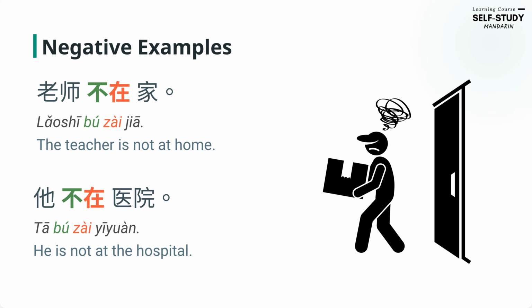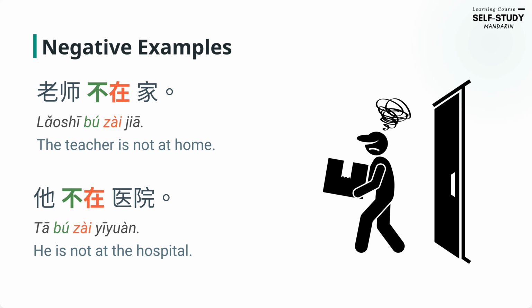Negative examples. 老师不在家. The teacher is not at home. 他不在医院. He is not at the hospital. Let's put this negative form into practice with a couple of examples. First, 老师不在家. This means the teacher is not at home.